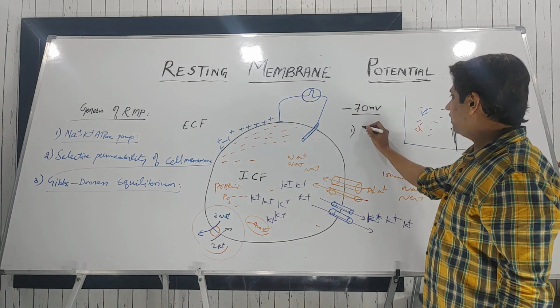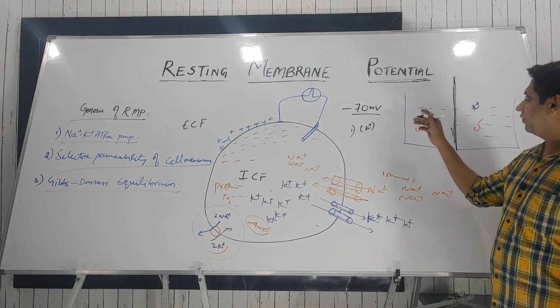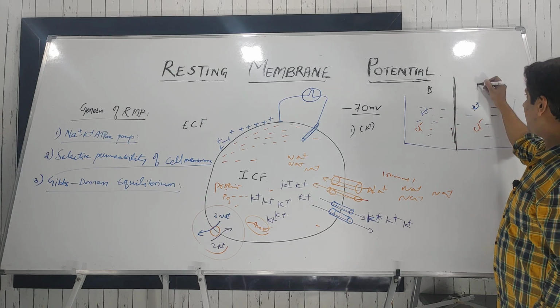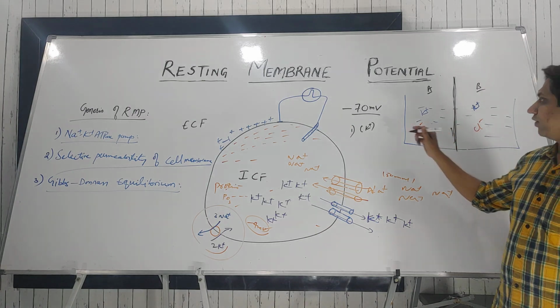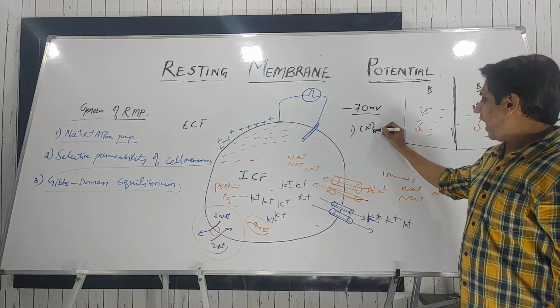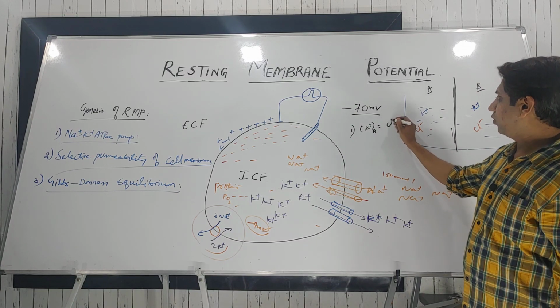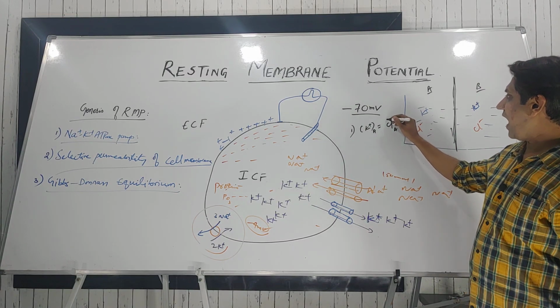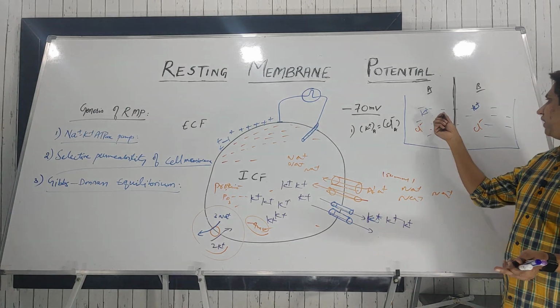Consider this as side A and this as side B on either side of the membrane. At equilibrium, the potassium cations on side A are equal to the chloride anions, that is, positive and negative charge will be equal at equilibrium.